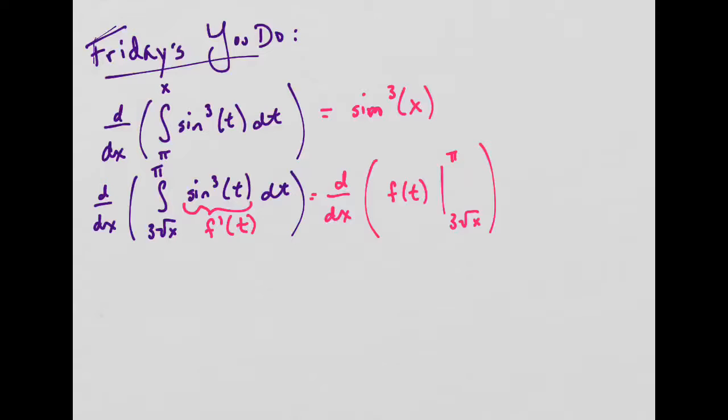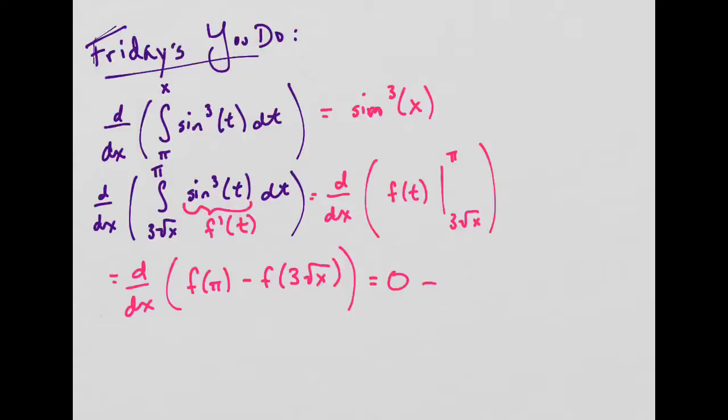Which is equal to the derivative of f of pi minus f of 3 root x. And f of pi is a number, so when you take the derivative of a number, you end up with 0, minus, and then we have f of 3 root x.